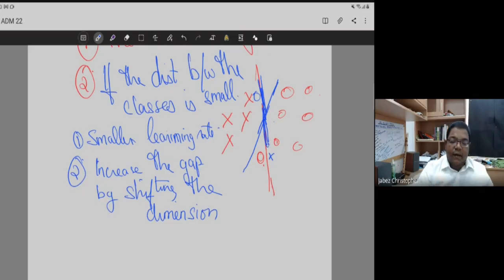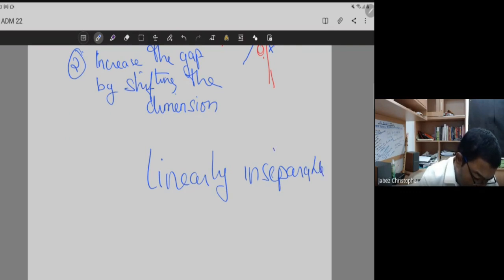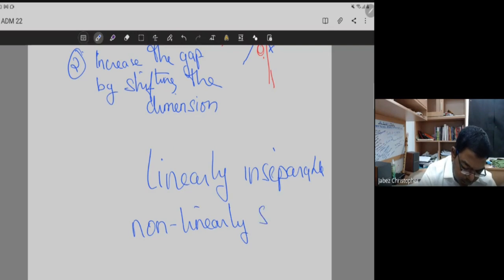So when the points cannot be separated, in the sense when the points are linearly inseparable, right? Linearly inseparable, then it becomes a non-linear classification problem, or it is said to be so.